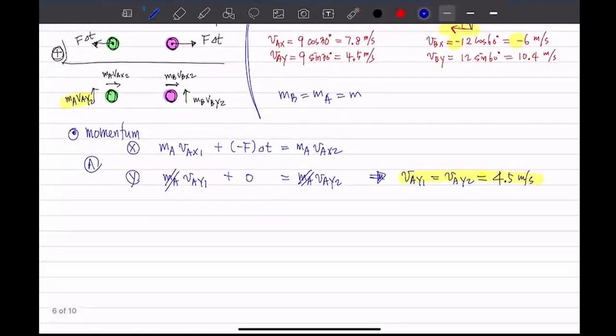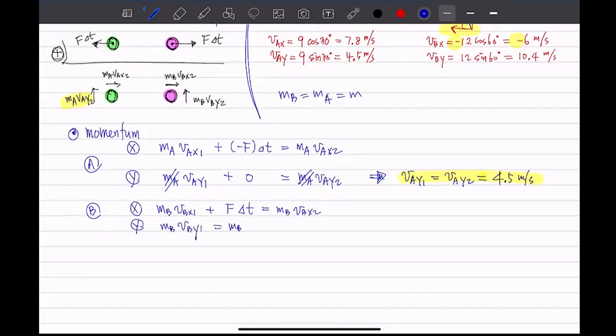Then we do the same thing for particle B in the X and Y directions. So in X, mB vB,x1 plus F delta t is mB vB,x2. And in the Y direction, same thing, mB vB,y1 equals mB vB,y2.